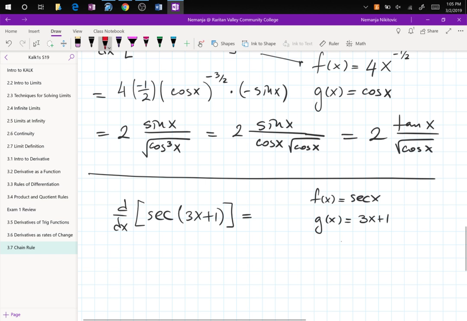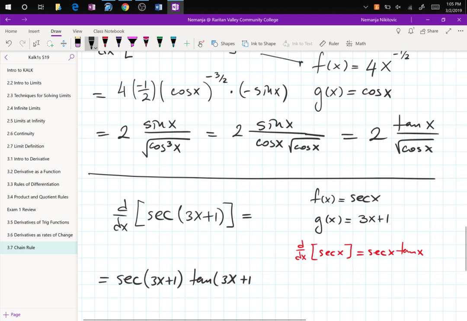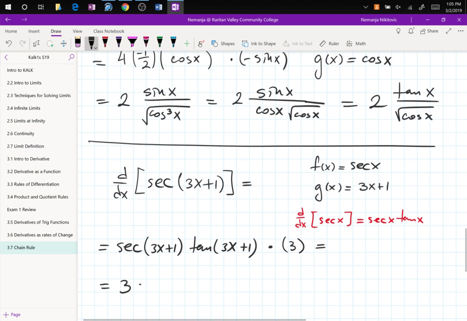Now, the derivative of secant x is secant x tangent x. So we have secant of 3x plus 1 times tangent of 3x plus 1, and now times the derivative of the inside, which is 3. So the total is 3 secant of 3x plus 1 tangent of 3x plus 1.